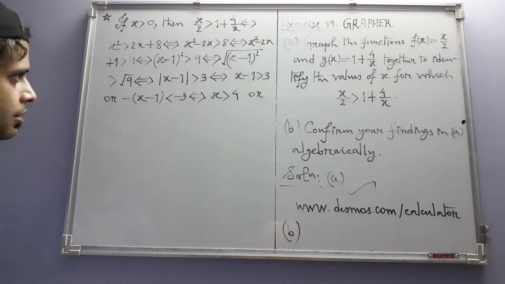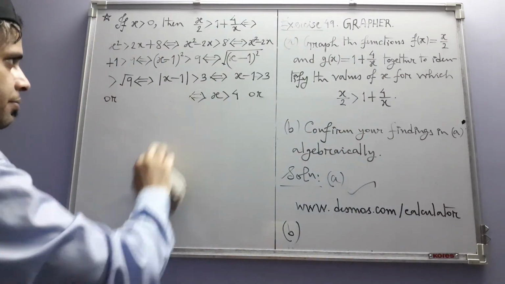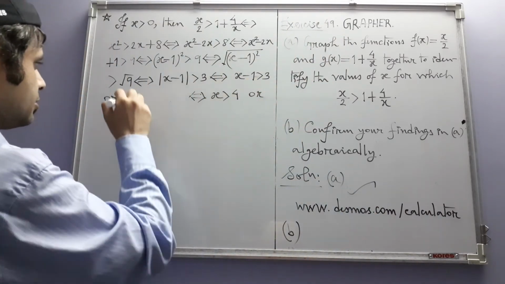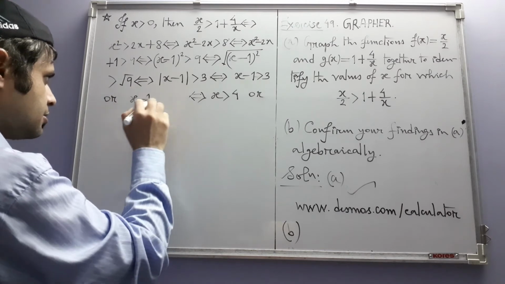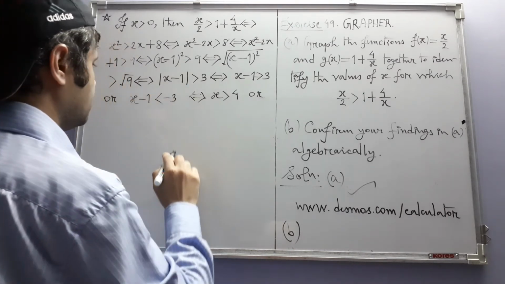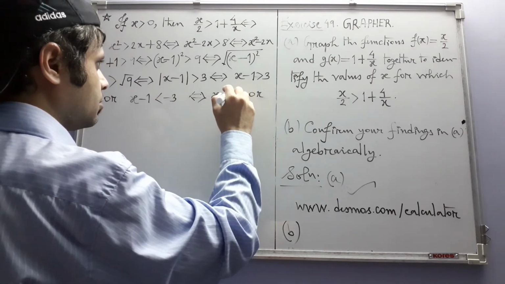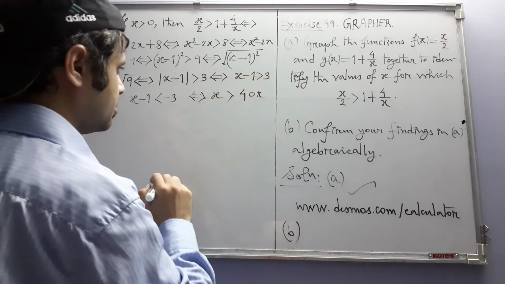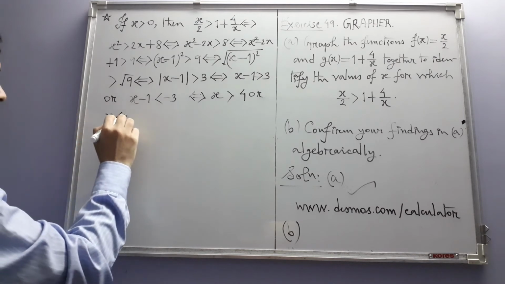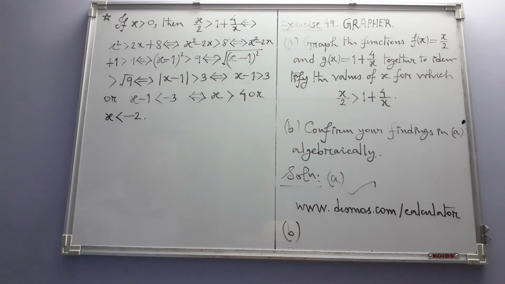I think this is wrong. Either x minus 1 is greater than 3 or x minus 1 itself is less than minus 3, not its minus. Okay, so that means this was correct. x is greater than 4 or x is less than minus 2.